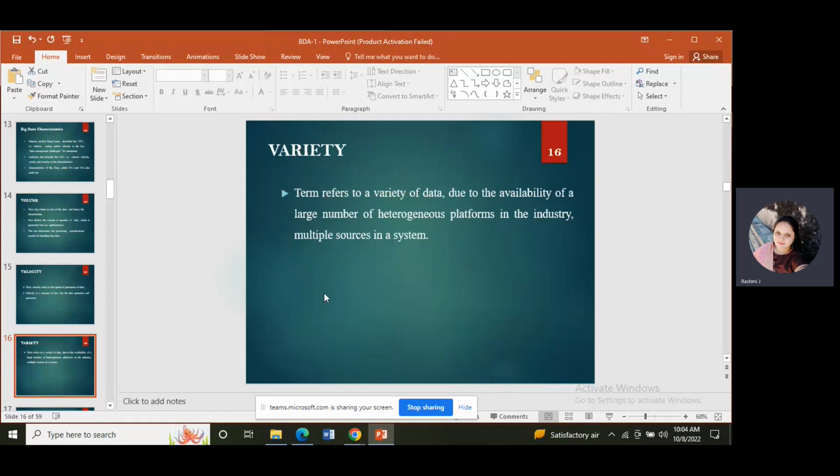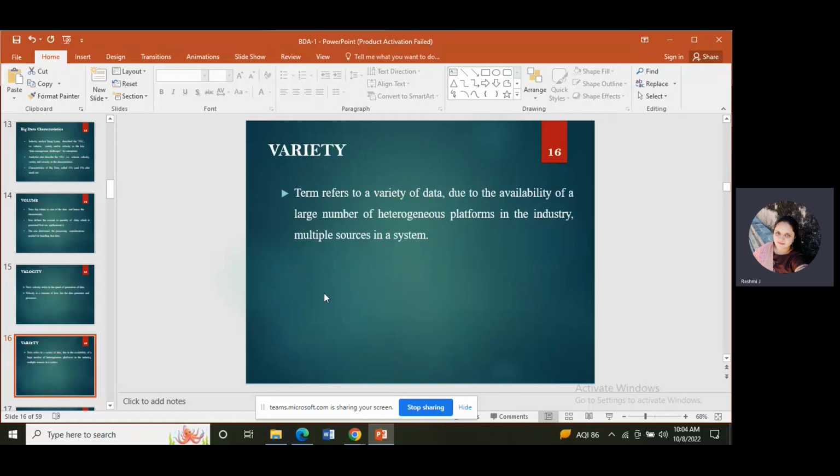In business, the data is generated in the form of files, but in entertainment, the data is generated in the form of videos, images, and songs. So variety represents data generated from heterogeneous platforms.